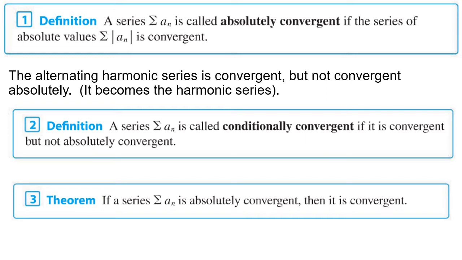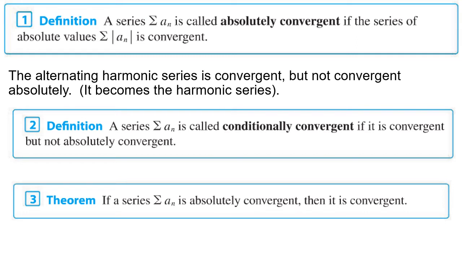So then we could say the alternating harmonic series is conditionally convergent. It's conditionally convergent if it is convergent but not absolutely convergent. The alternating harmonic series converges, but it doesn't converge absolutely. You have to have the condition of it alternating to make it converge.